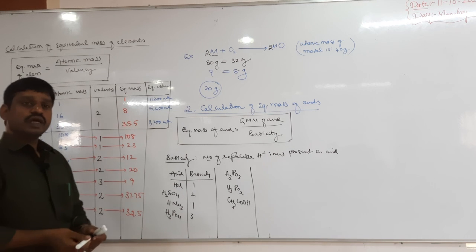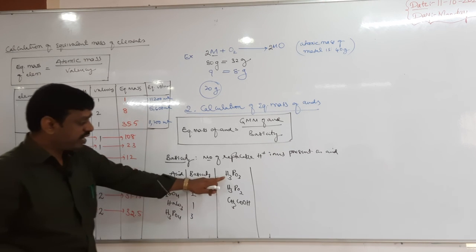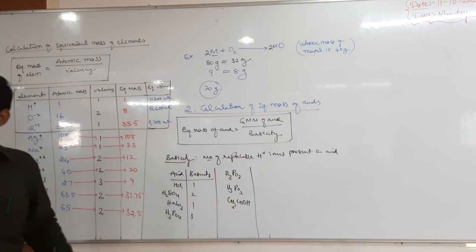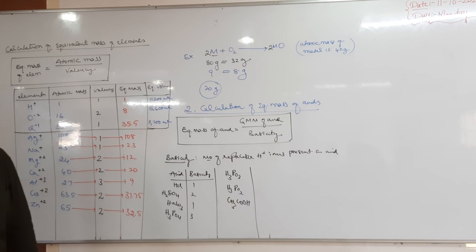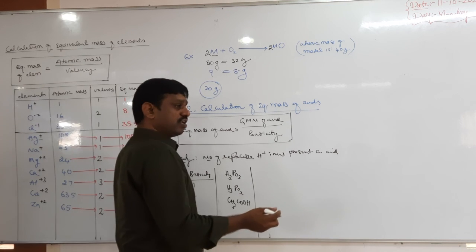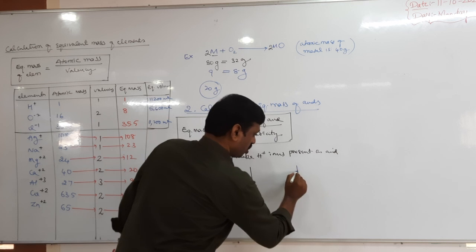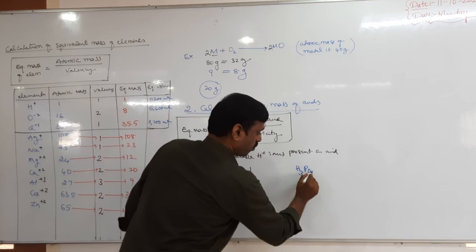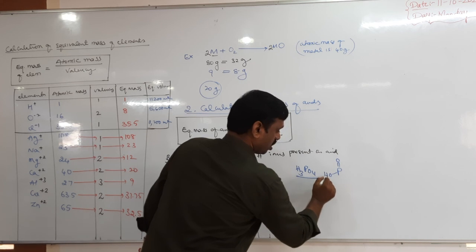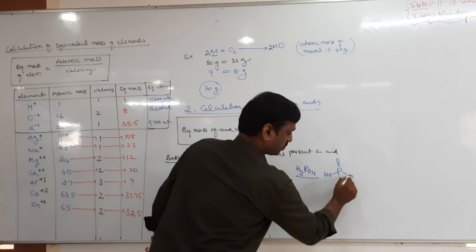H3PO3, 2 or 3? There are how many hydrogen? 3. Whether all 3 hydrogens are replaceable? No. You have studied in 15th group elements. So it depends on structure. The structure of H3PO4, orthophosphoric acid, is this: P double bond O, there are 3 OH.